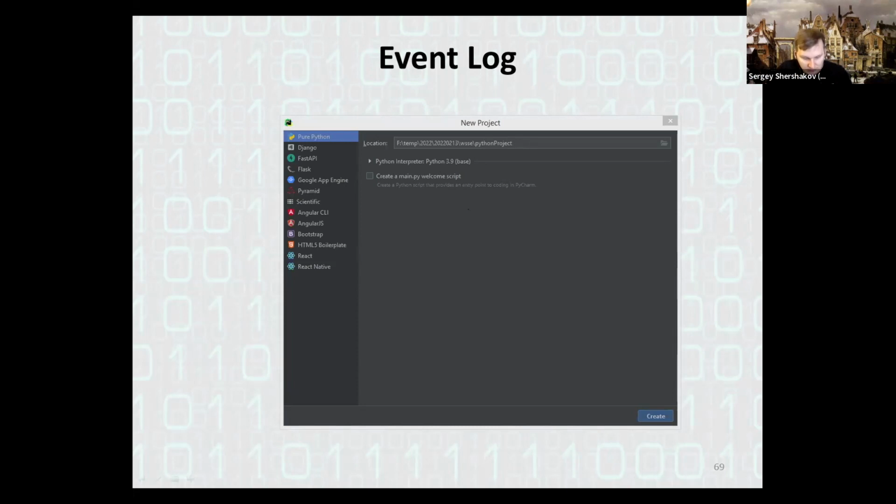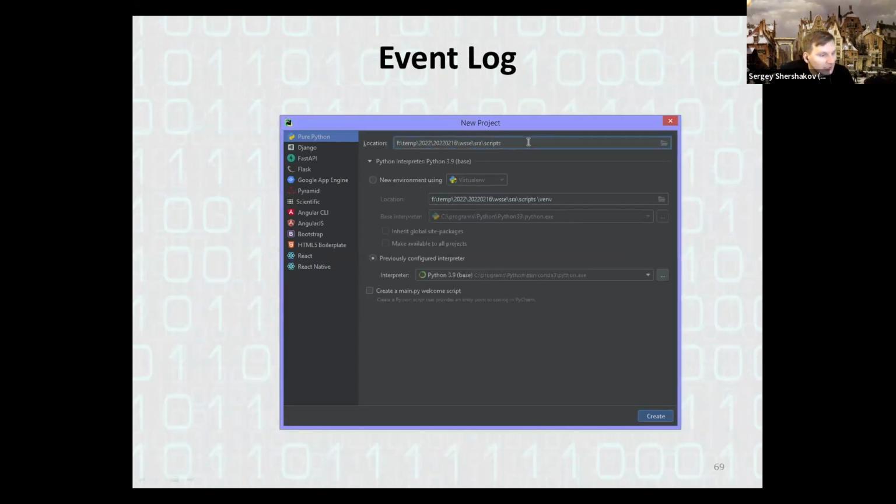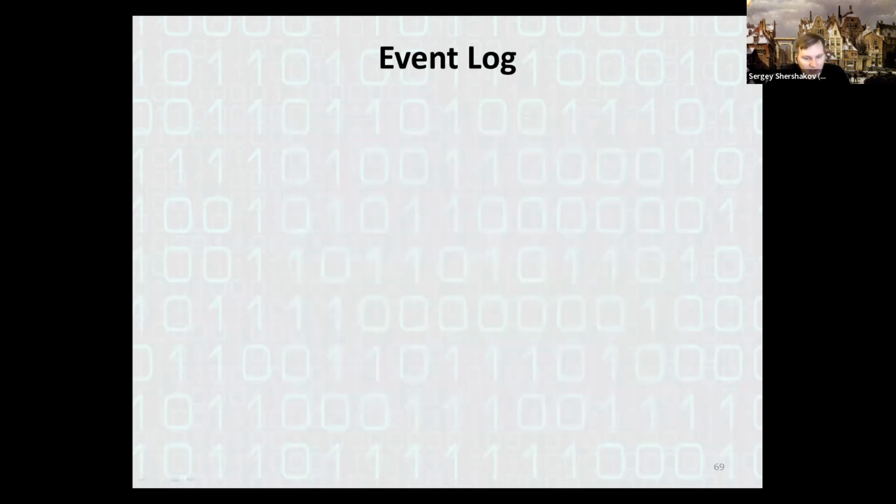I'm going to create a folder here, scripts, and let it be SRA for system run analysis. I have a pre-configured Miniconda Python environment for that, as I told you, and I don't need any main.py file. I'm going to create my own here.